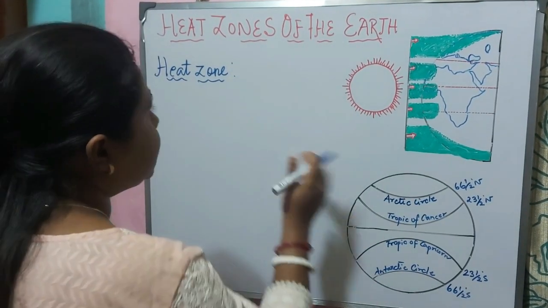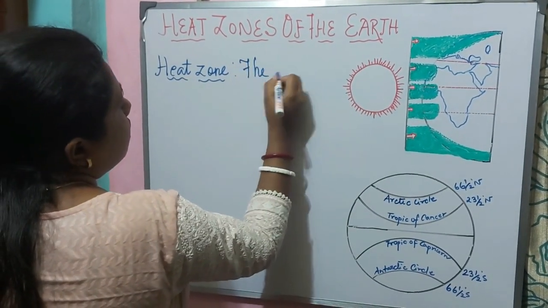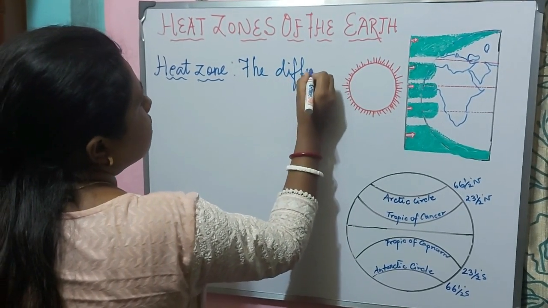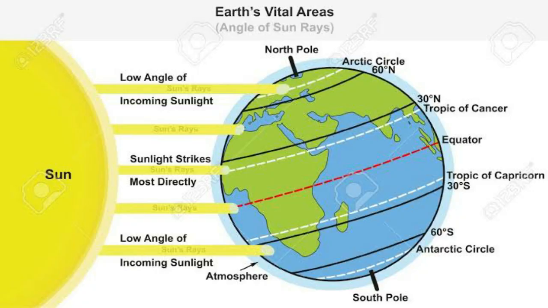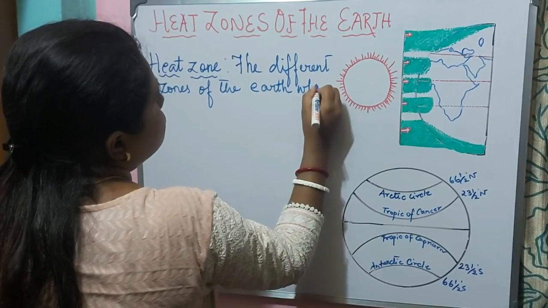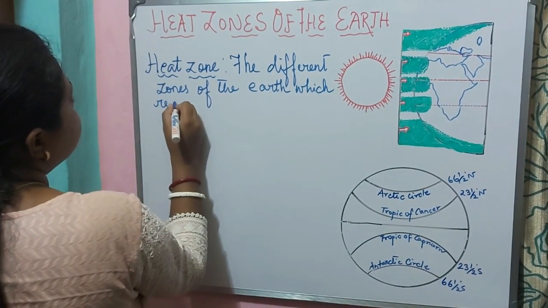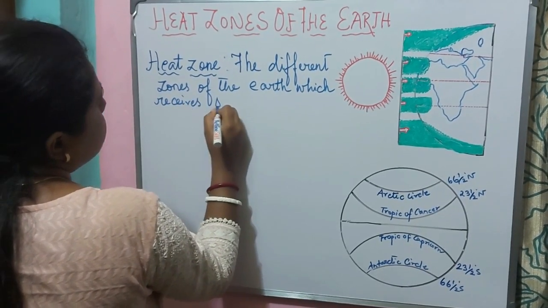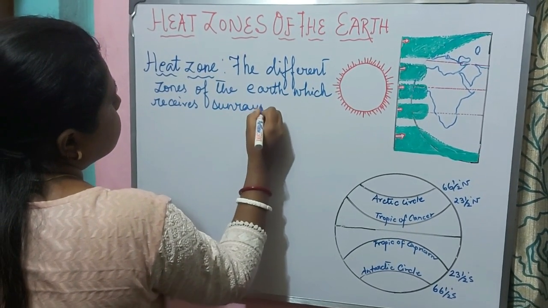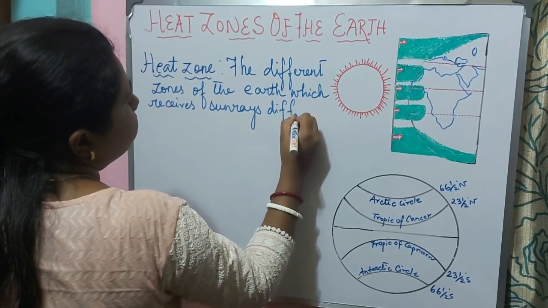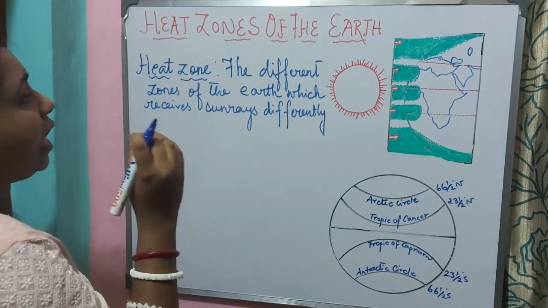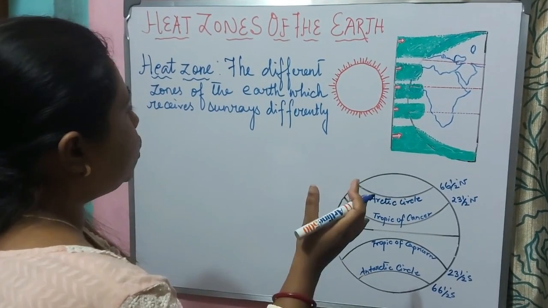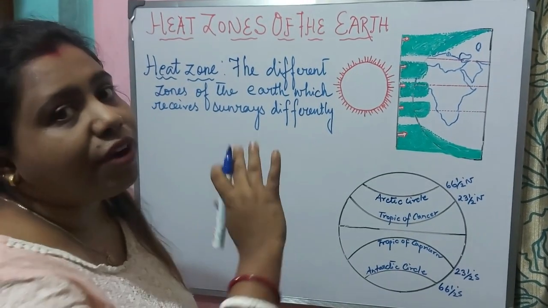So heat zone means the different zones of the earth which receive sun rays differently. That means the areas of the earth which receive sun rays differently.